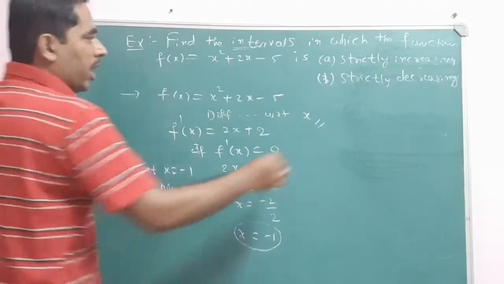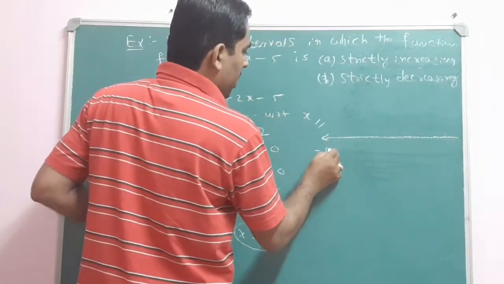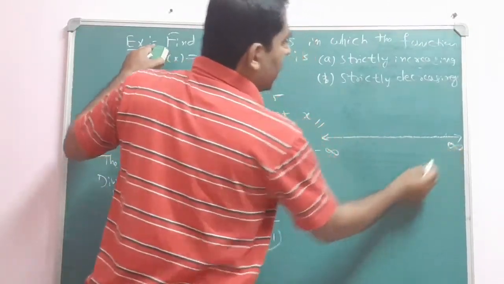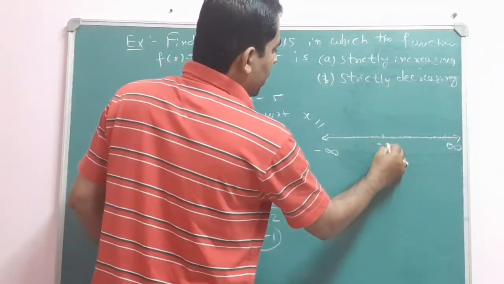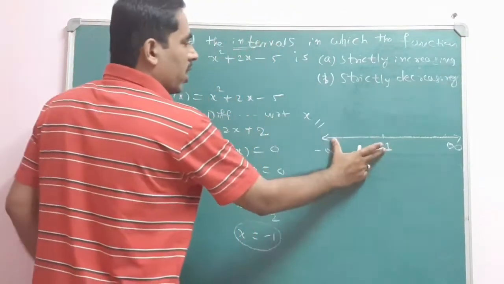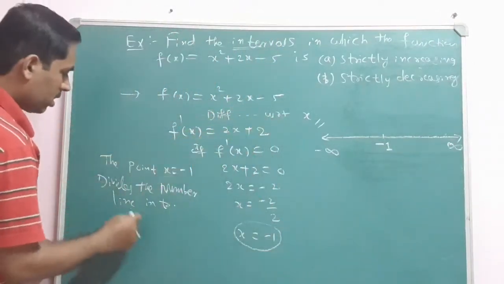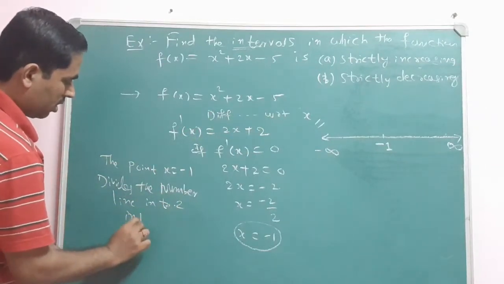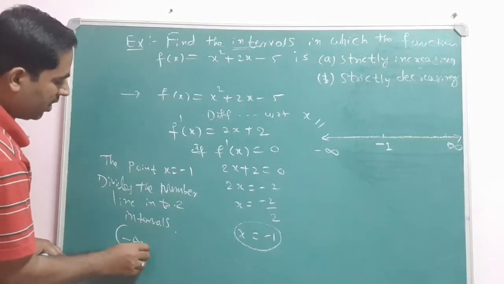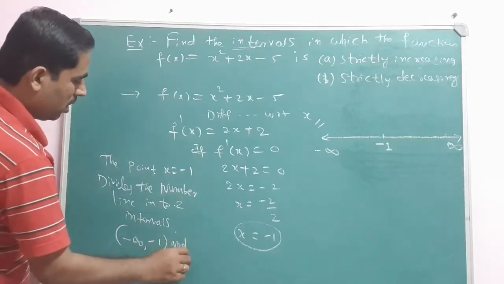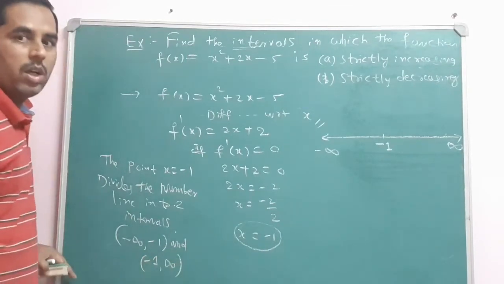If I write the number line here, minus infinity and plus infinity, and I got x is equal to minus 1, then how many intervals did I get? This is the first interval and this is the second interval. So that point divides the number line into two intervals. What are the intervals? Minus infinity to minus 1, and the other interval is minus 1 to infinity.